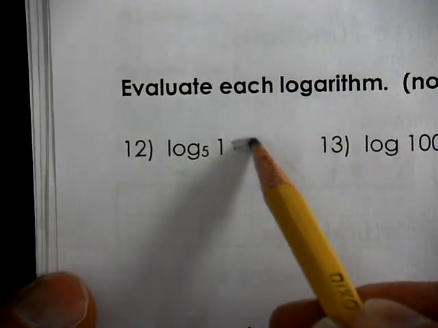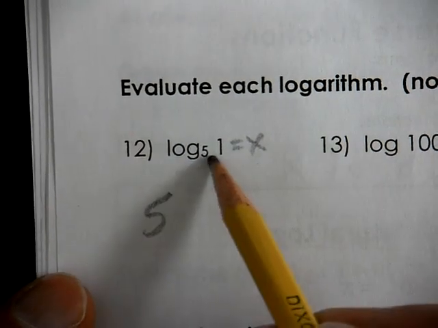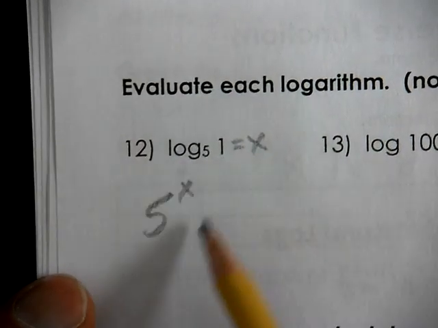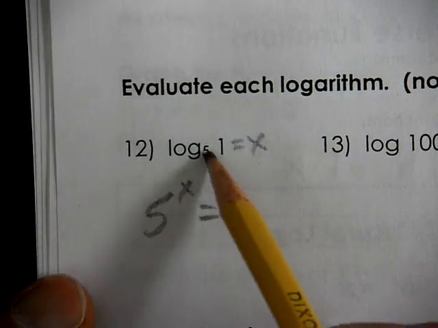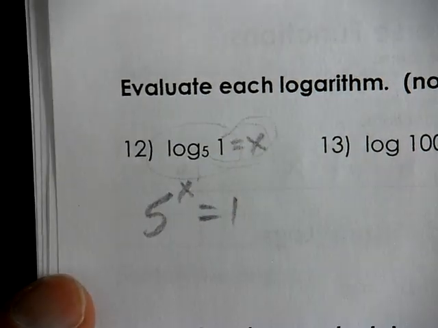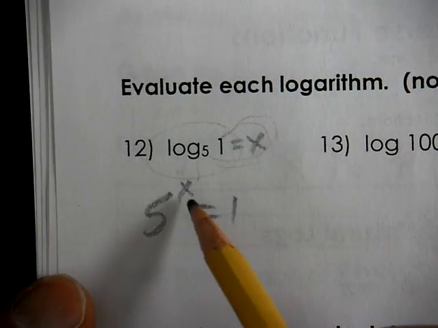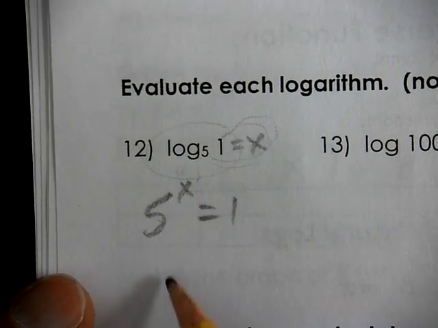So you can set this equal to x. That often helps. So this is 5 to what power equals 1? You're trying to evaluate and see what this log base 5 of 1 is. So 5 to the 0 power equals 1.